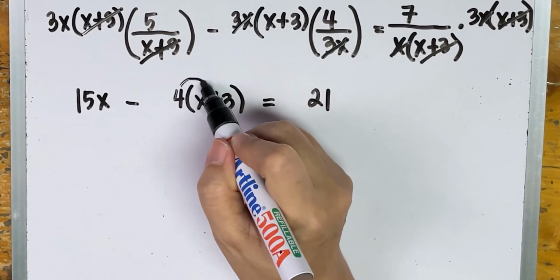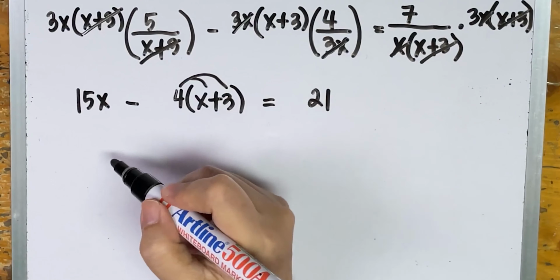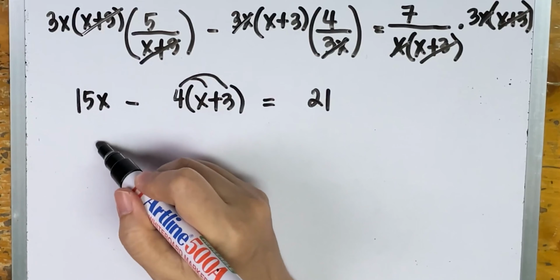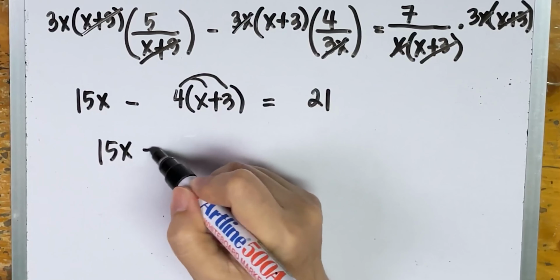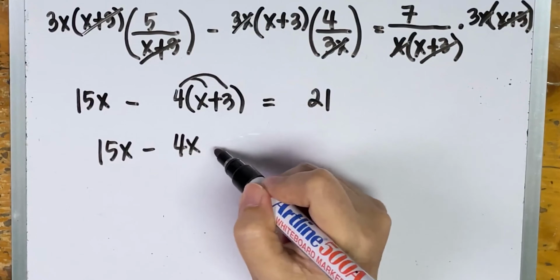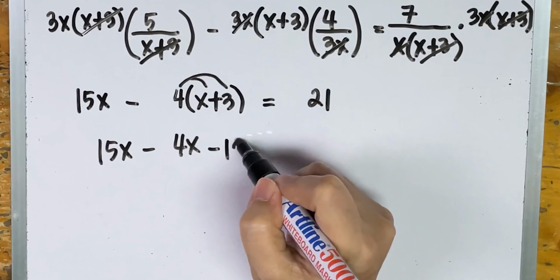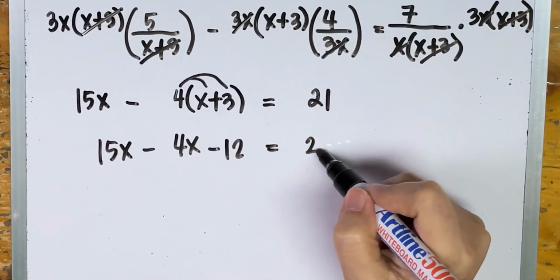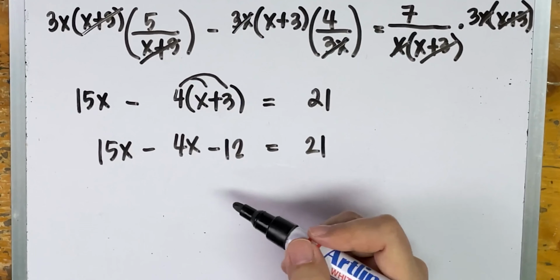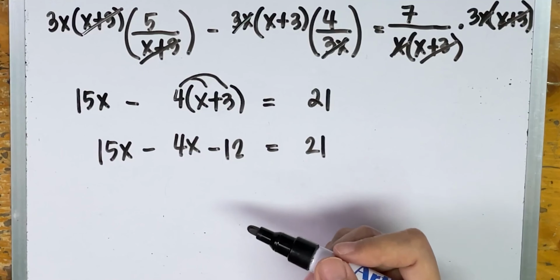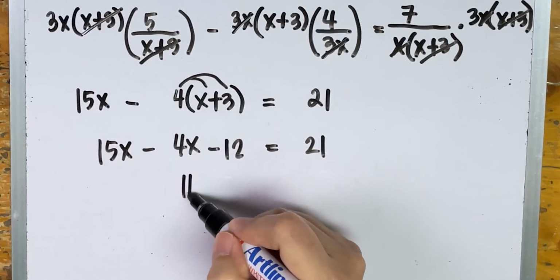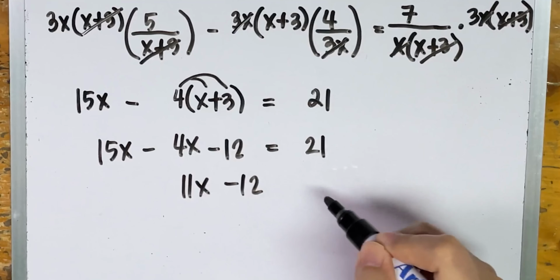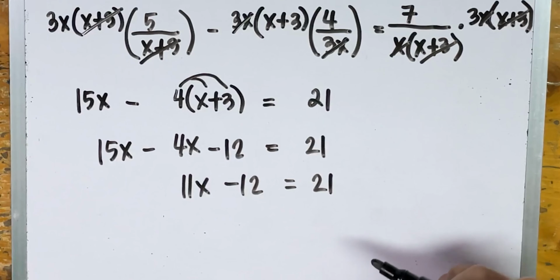Distribute 4 on each of the terms inside the parentheses gives us, let's copy first 15x minus 4x minus 12 equals 21. Simplifying by combining like terms, we have 11x minus 12 equal to 21.